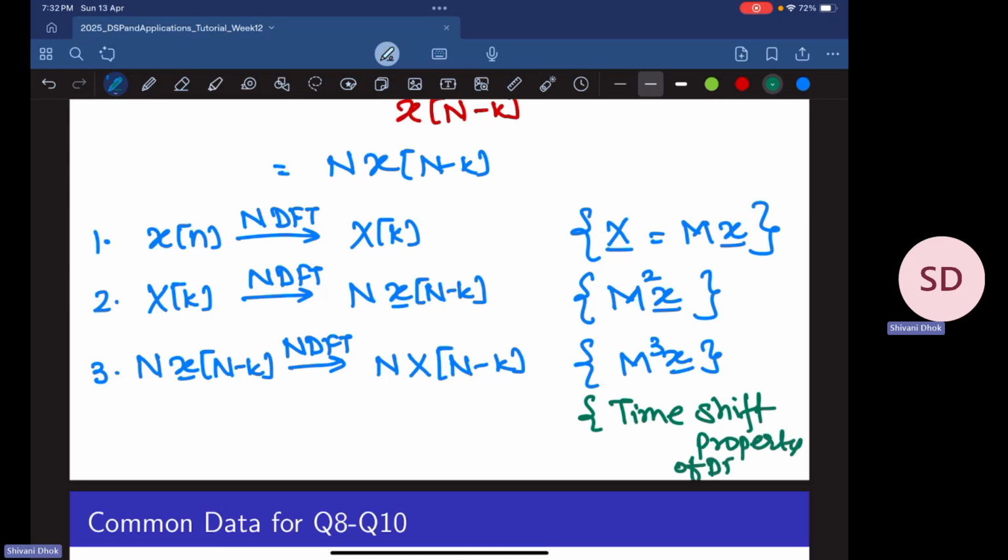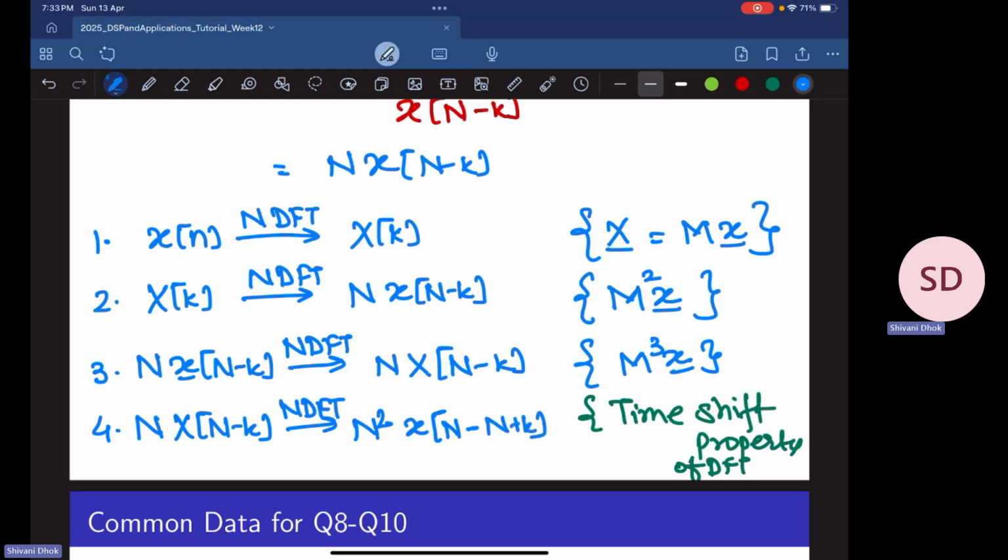of DFT. And finally, I can take n times x of n minus k, and I can find its n-point DFT. So that will be n square, and the DFT of x of n minus k will be simply little x of n minus n plus k, which is equal to x of k times n square.